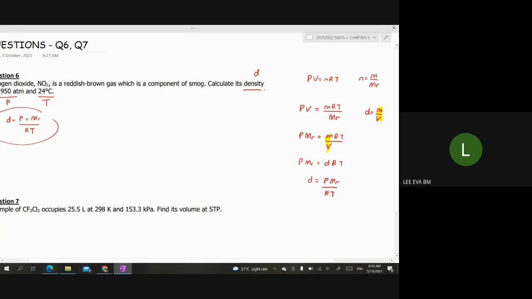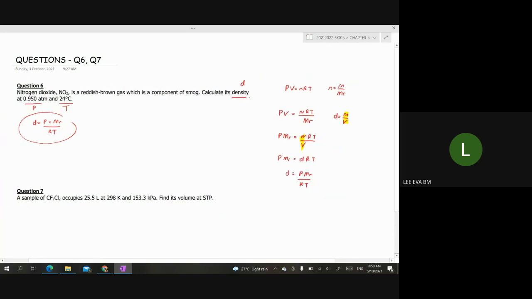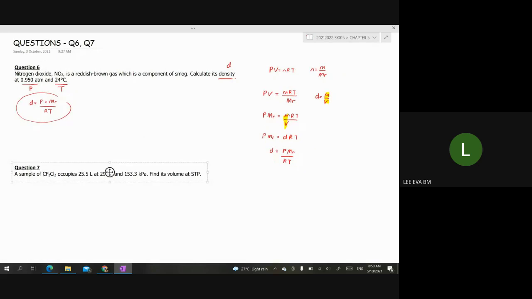So, masukkan awak punya data yang ada. Pressure dah ada, temperature dah ada, constant ada, molar mass awak kena kira sendiri. Sebab tu dia bagi formula. So, what is the molecular mass for NO2?